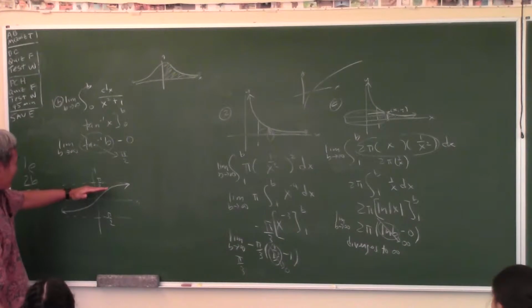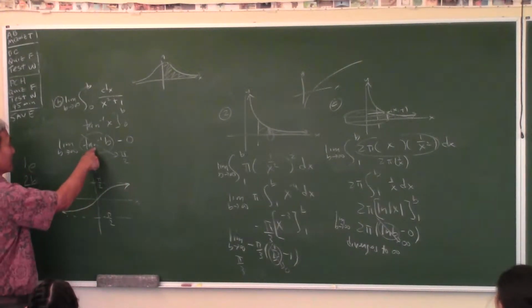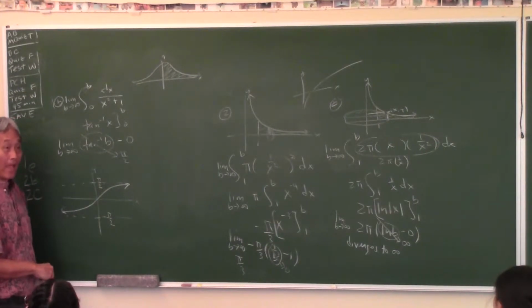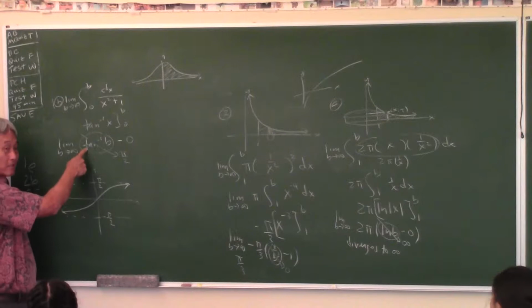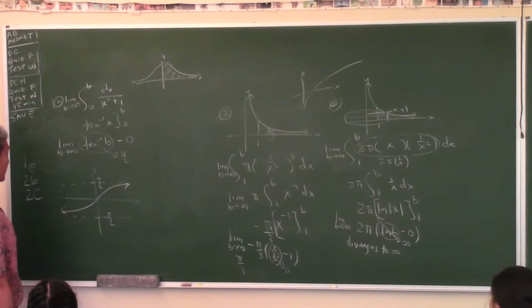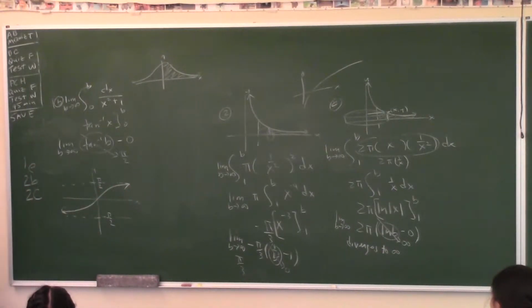As the graph is going out to the right, what is it getting closer to? Pi over 2, that's why it goes to pi over 2. In second semester calculus, when you go to college next year, this limit is super important. It comes up a lot: the limit as x approaches infinity of tan inverse x. You might as well just memorize it already.